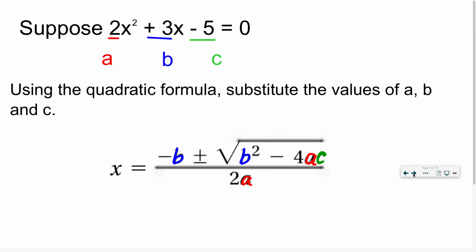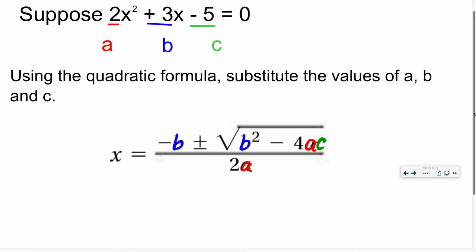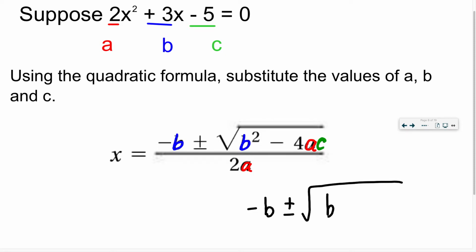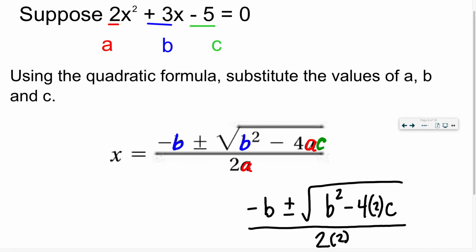So I will actually rewrite it here. Anywhere I see an a, I'm going to plug in a 2. What's very important to remember is you're only substituting in a number. You're not putting in 2x.